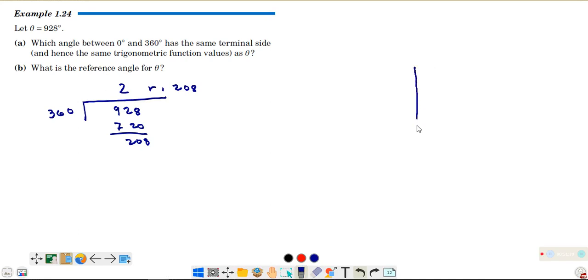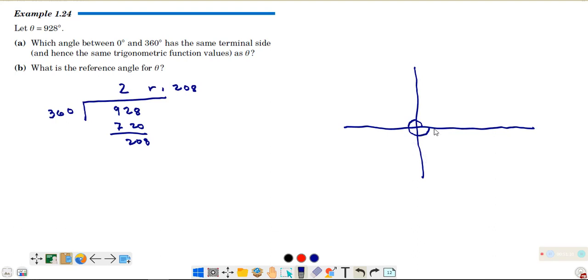Huwag na nga tayo maglagay ng Cartesian plane, drawing ko na lang. So, 208 degrees here. Our remainder will be our guiding angle sa pagko-construct.